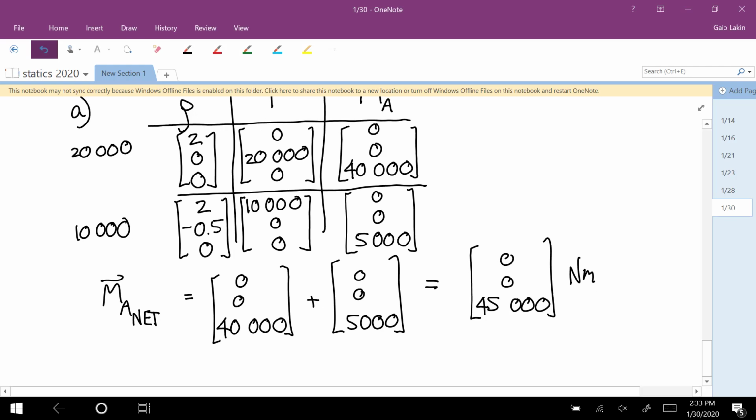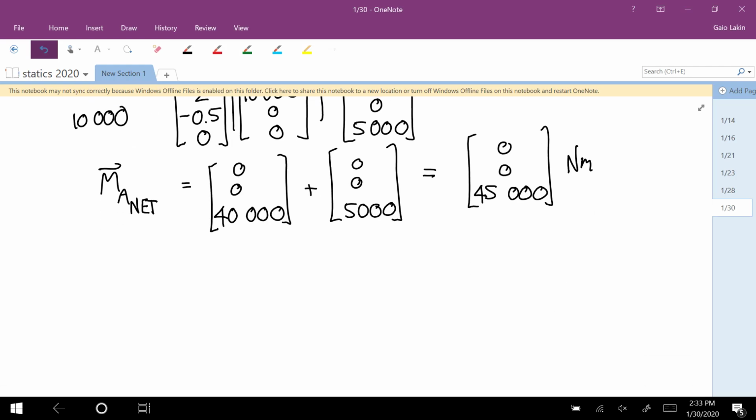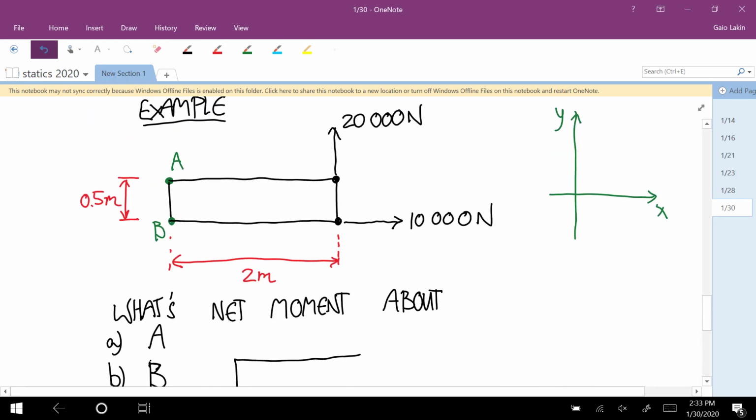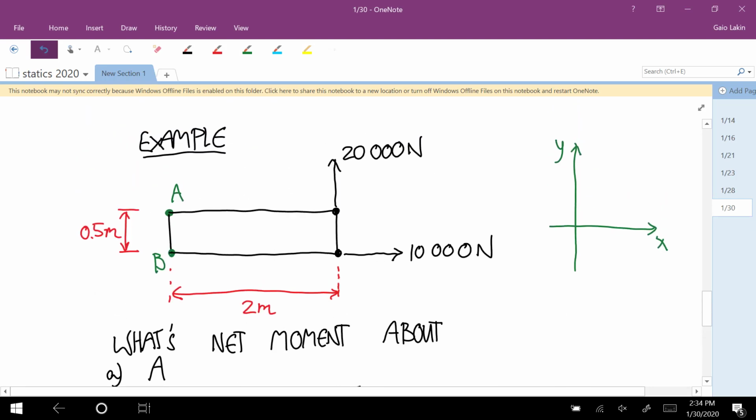Okay. So now I'm going to do the same thing, but with a different about point. We were first doing it with the about point at A. Now we're going to do it at B. Is it going to be the same answer or different?